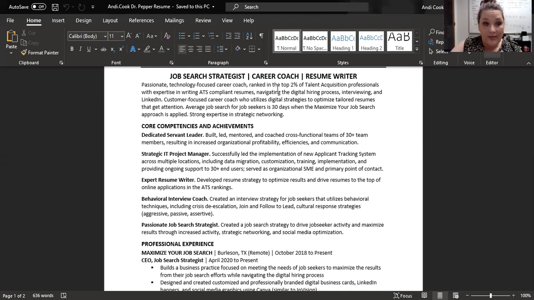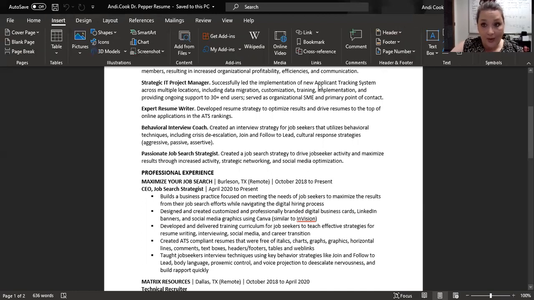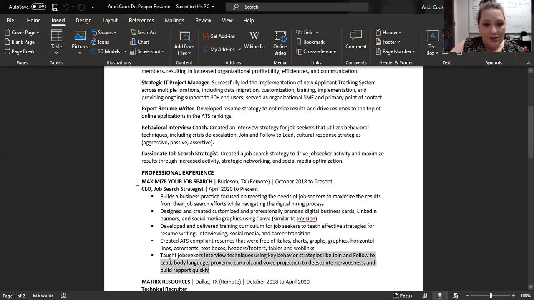Let me move this little video so I can go back over quick parts, since somebody pointed out yesterday that it didn't show up well. So if I go into the insert menu over here, there is explore quick parts. What I'm going to do is highlight this.